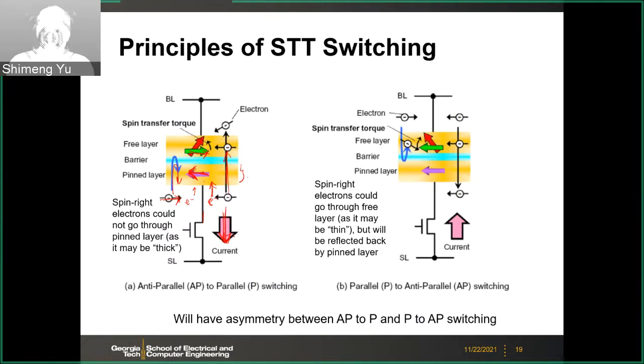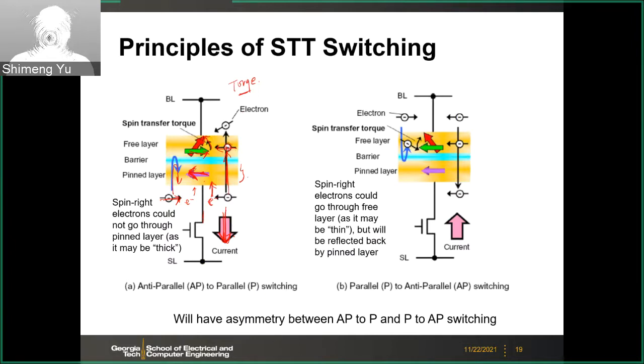And then the spin left electrons will go to the free layer. And then this spin left electron will insert a torque to move the magnetization of this free layer to the left by this torque force.